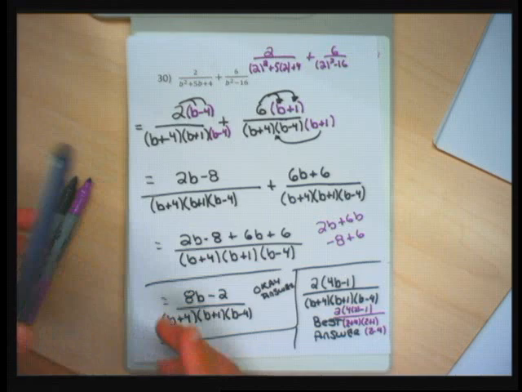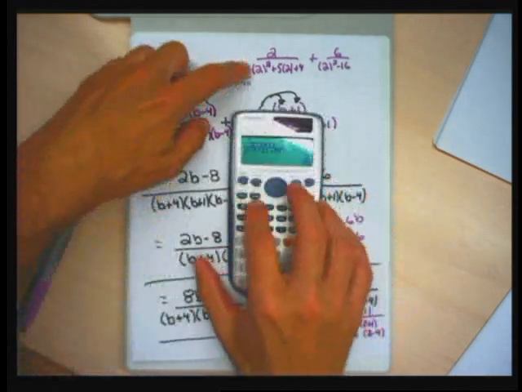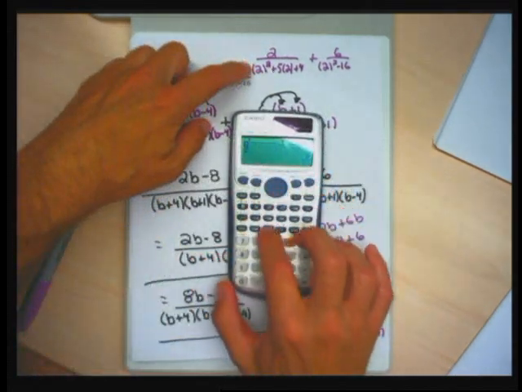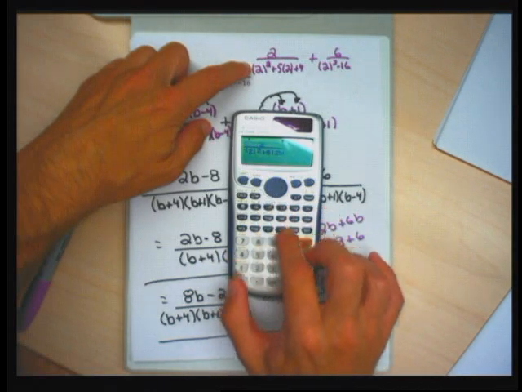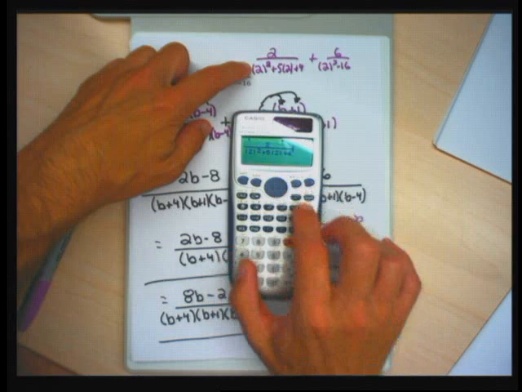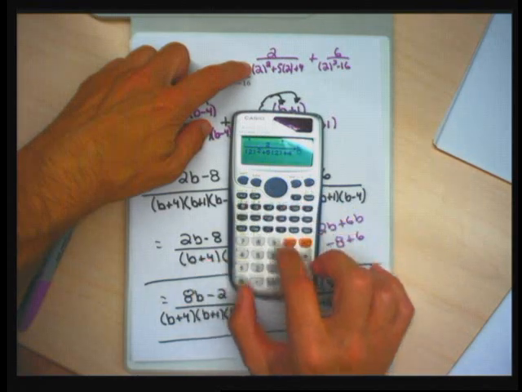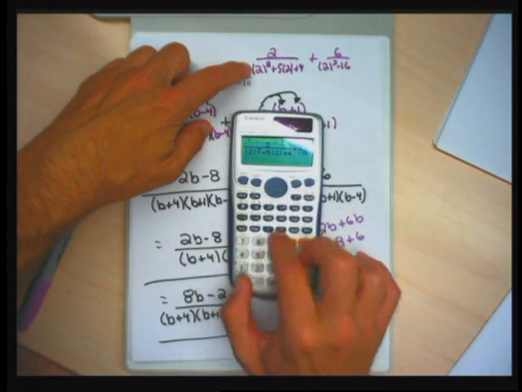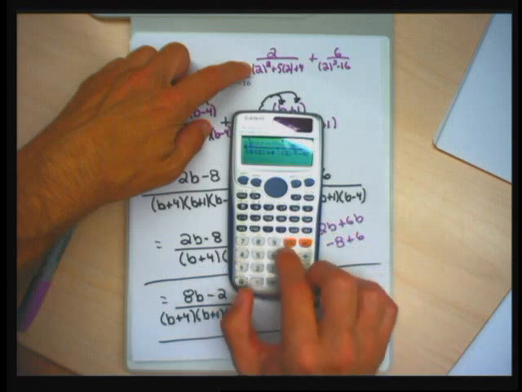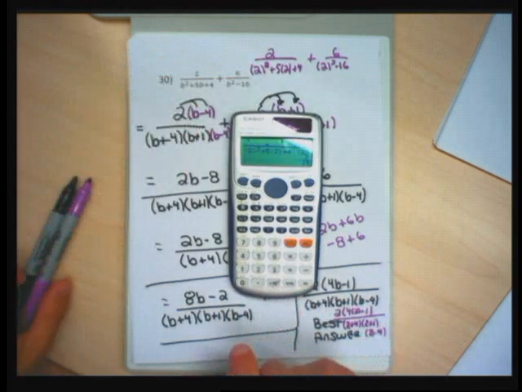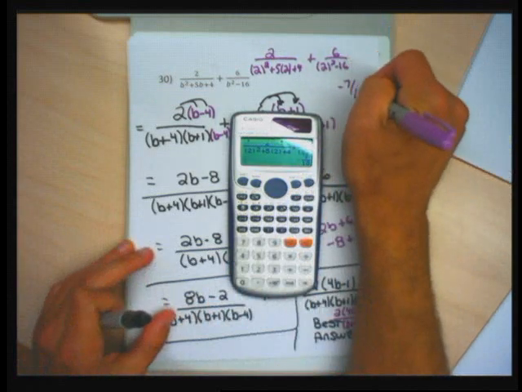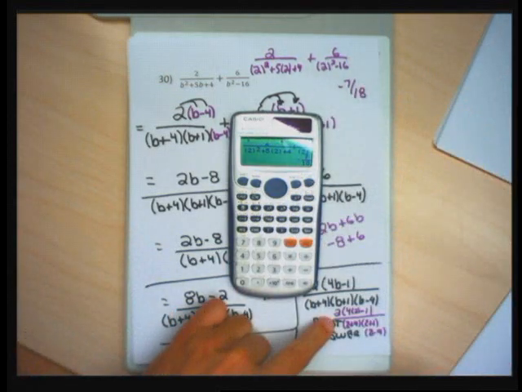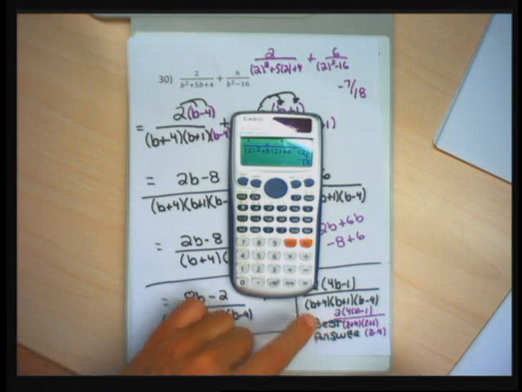So plug 2 in for the b's in the original problem. Fraction 2 over 2 squared plus 5 times 2 plus 4 plus fraction 6 over 2 squared minus 16. I get negative 7 over 18 when I plug 2 into the original problem. And this mess that's barely readable, I'm going to try to do it next.